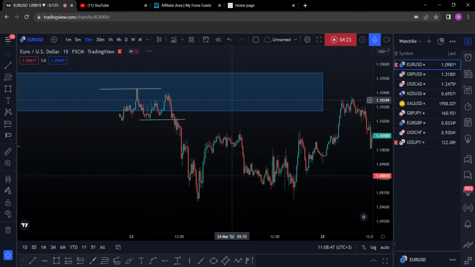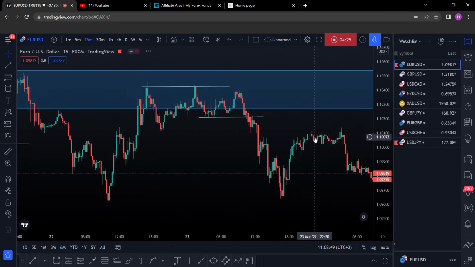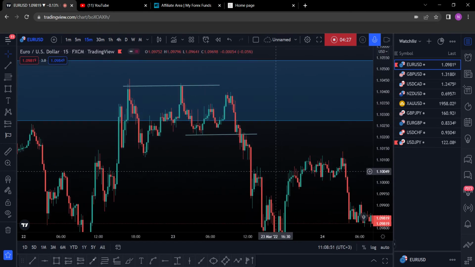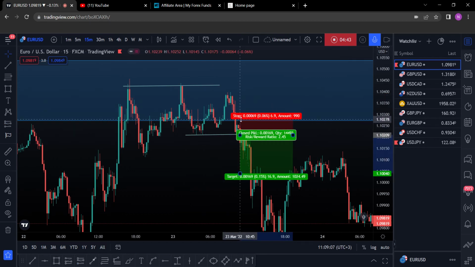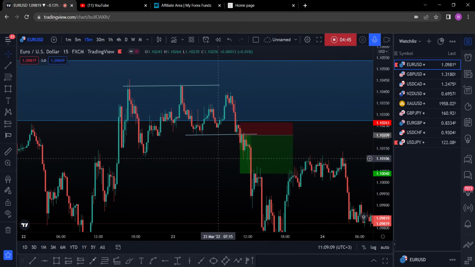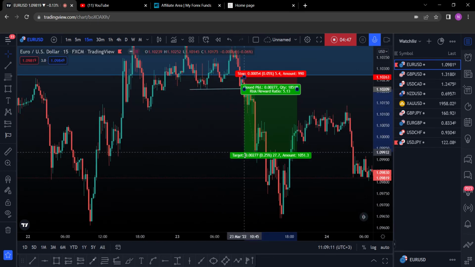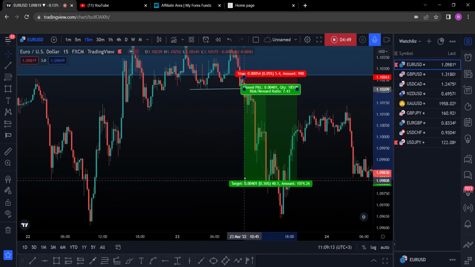So we can now hover to the lower time frame and observe, knowing that price had already mitigated all the liquidity up here. After this break of structure, we knew there was no more liquidity to be collected. So we got in at around this point with a 5 pip stop and risk reward of 1 to 7.